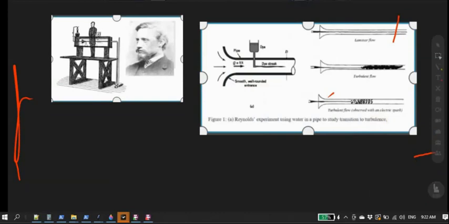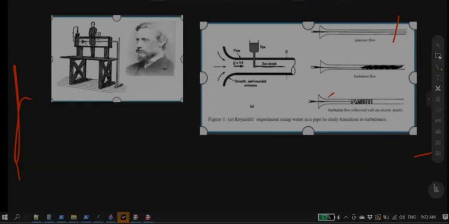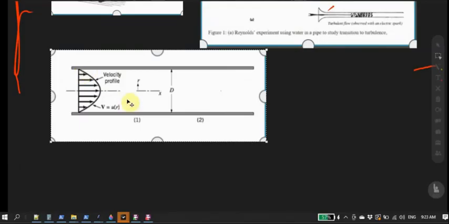Now, so we're going to look at the actual distribution of the flow when the flow is laminar. This is a cross section along the pipe. So we have coordinate system that we assign to this diagram, right?